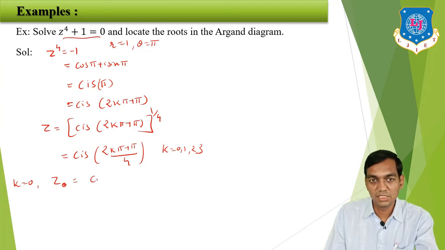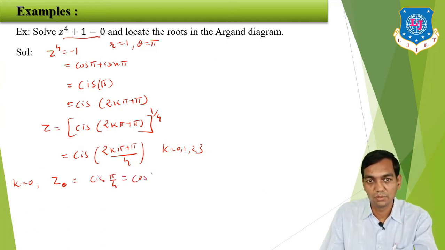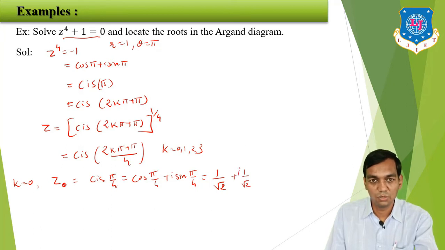Z0 is equal to cis pi by 4, that is cos pi by 4 plus i sin pi by 4. Cos pi by 4 is 1 upon root 2, sin pi by 4 is 1 upon root 2. So you will get 1 by root 2 plus i into 1 by root 2.